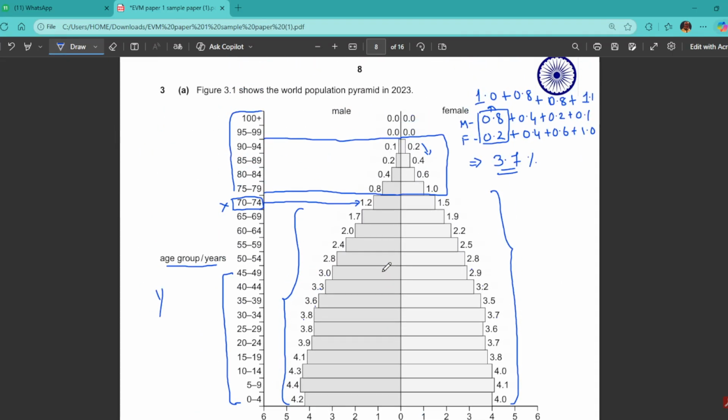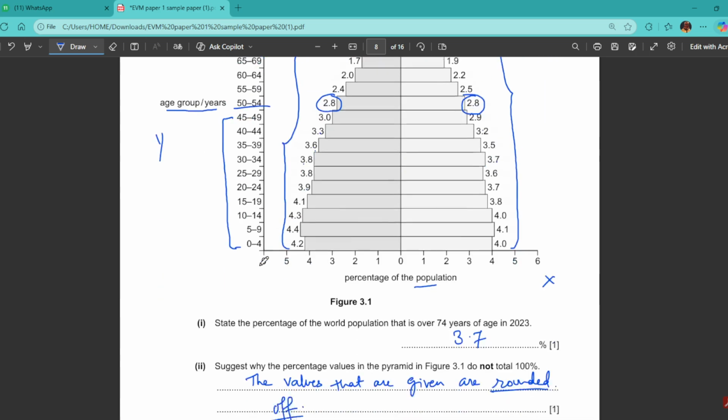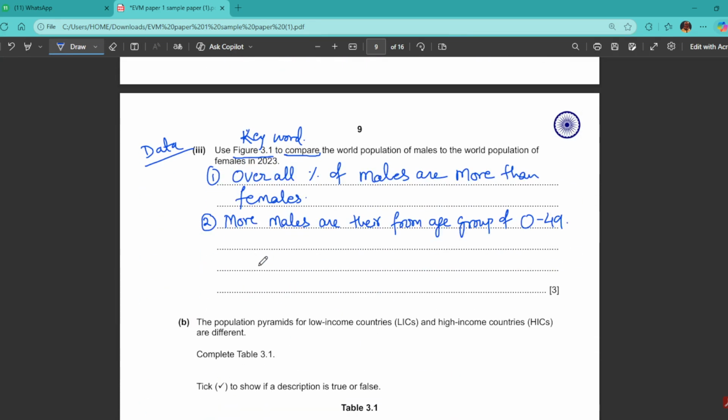Next, one more answer from the data. If you check this very carefully, where do we see similar? 2.8, 2.8 at the age group of 50 and 54, right? So we can mention this also. So this is so easy. Whenever they give the data to write comparison, easy.